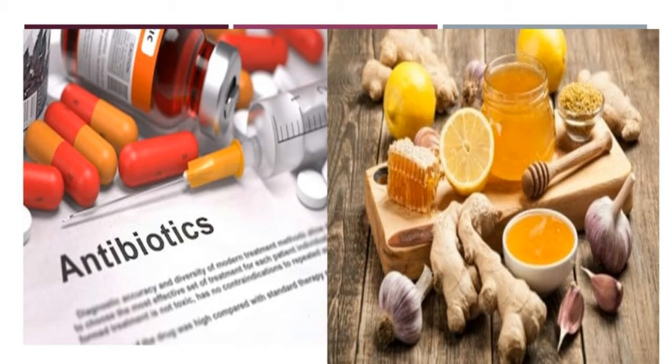The original antibiotics, like a lot of today's antibiotics, are derived from natural sources. Certain plants, extracts, essential oils, and even foods have antibiotic properties. Examples: honey, garlic, ginger, clove, neem, and turmeric.